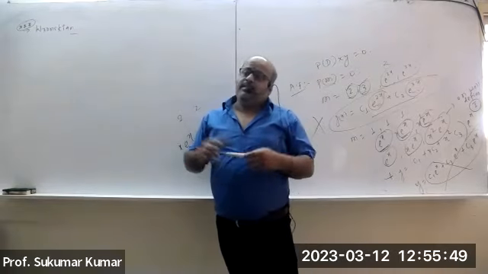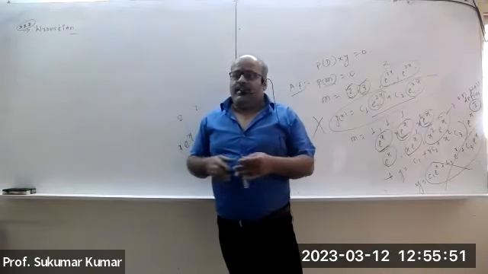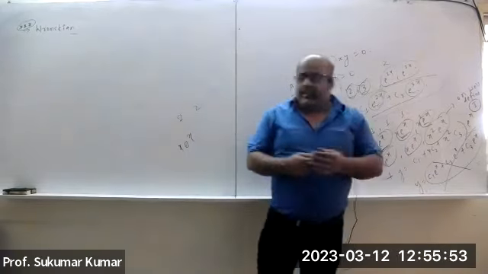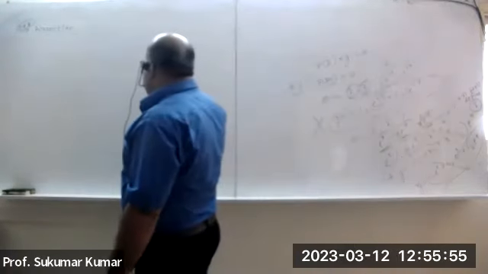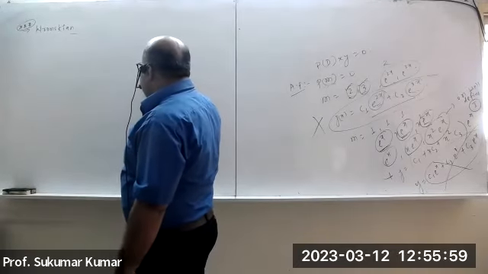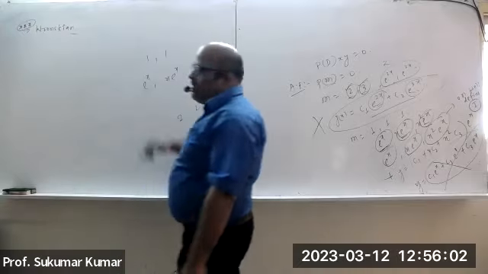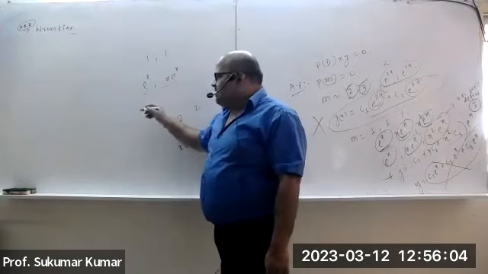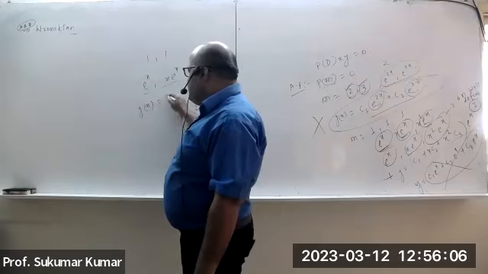So maybe CSIR will ask you, if solutions are given, like x e power x and e power x, these two solutions we can write in linear combination form, no problem.